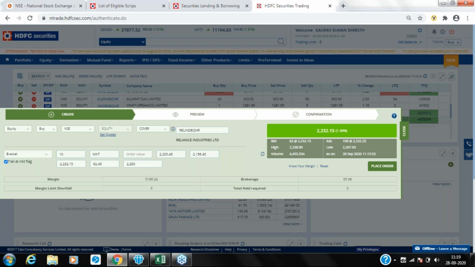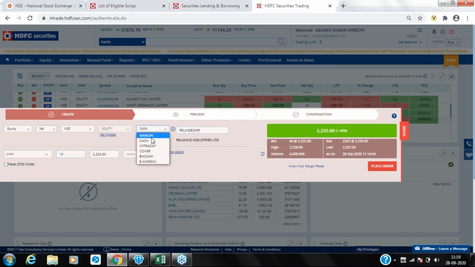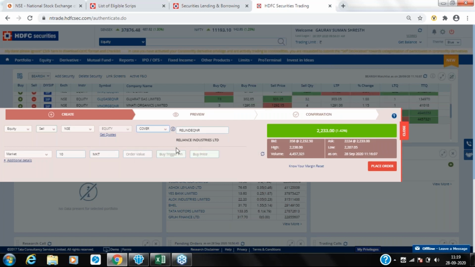Now this bracket order can be used only for intraday and can be used both ways, not only for buying but also for selling, for short selling. So let us assume that you have a bearish view in the market. You assume that Reliance will go almost 20 points down from here onwards. So you can also short sell in the bracket order.